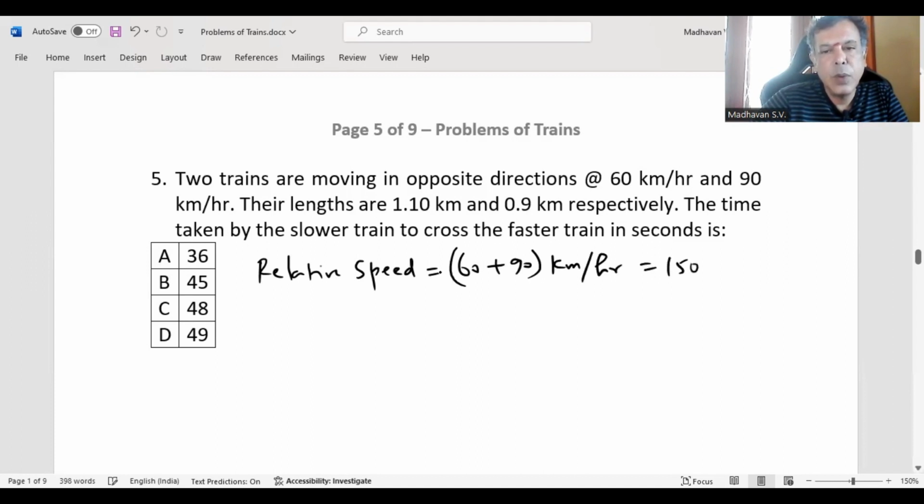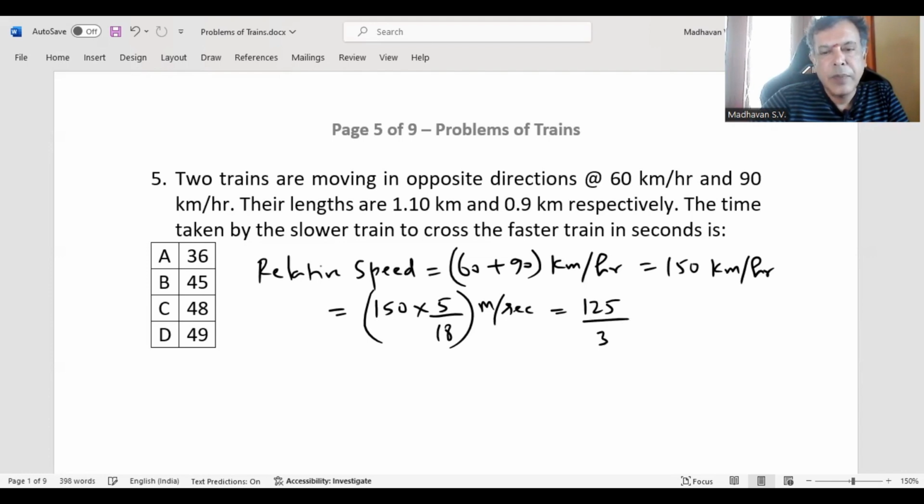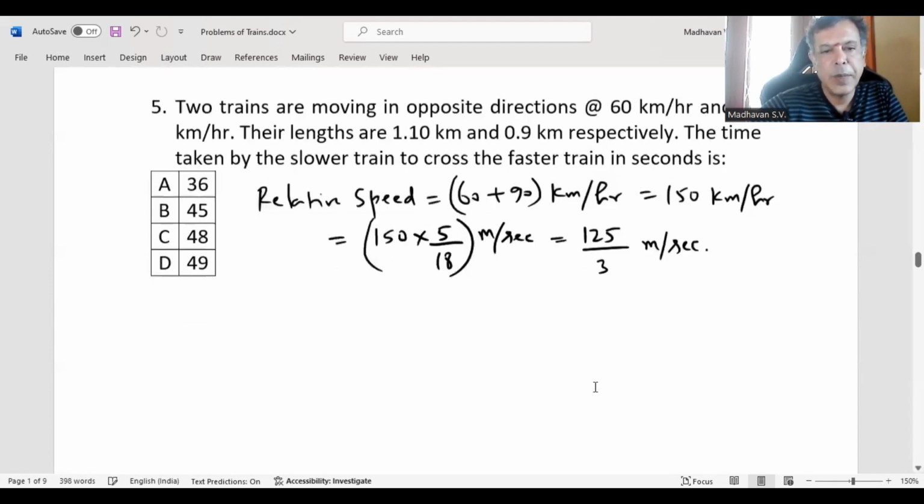That will give you 150 kilometer per hour. We will convert it into meters per second because the answers are in seconds. So 150 multiplied by 5 by 18 gives 125 by 3 meters per second. That is our relative speed.